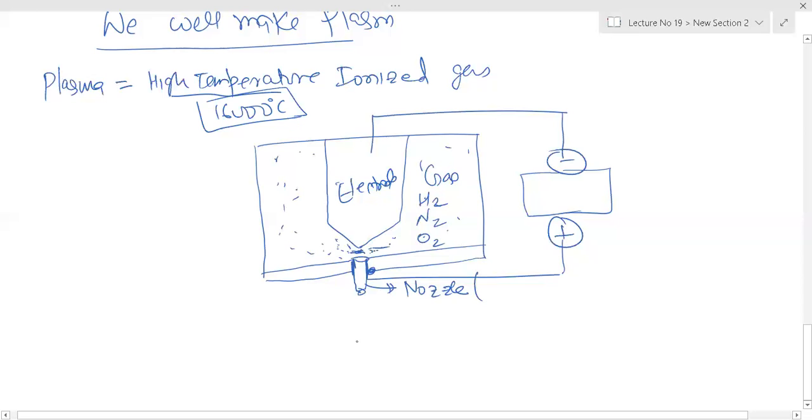Now, how will machining be done? This is your workpiece.